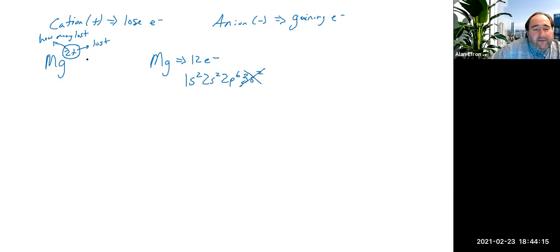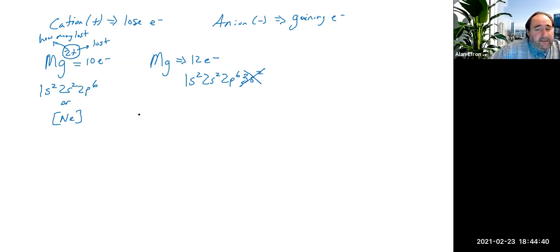So it would only have 10 electrons, which means it has a configuration of 1s2, 2s2, 2p6. That is also 10 electrons, which, if you look on the periodic table, is the same configuration as neon. Any questions on that one?